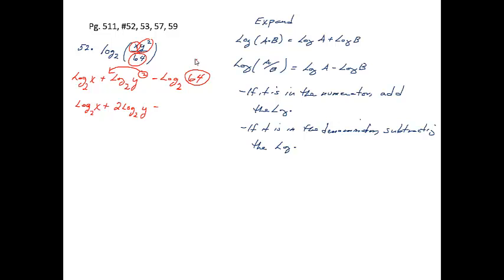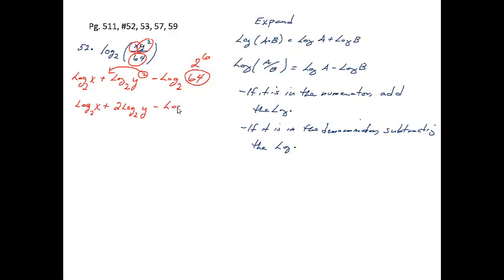So 64 is the same as saying 2 raised to the 2, 4, 8, 16, 32, 64. Let me do that again. 2, 4, 8, 16, 32, 64. 2 raised to the 6th power.